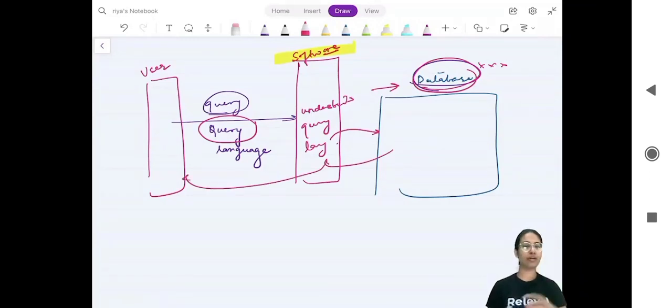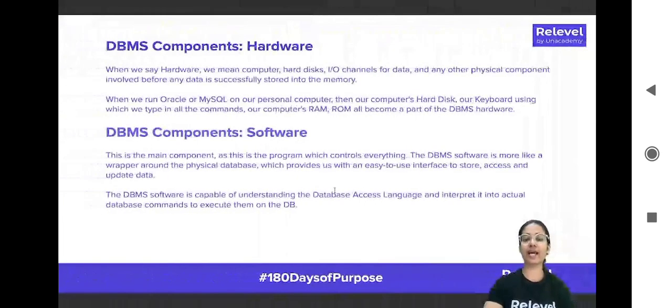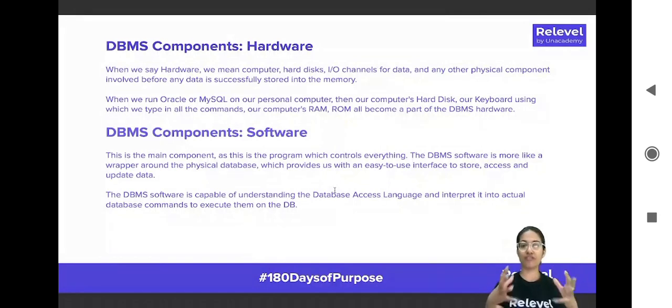So always remember, your databases do not understand any kind of language, because they are just a physical way of storing information. Language is obsolete for them. The user knows or learns a language and communicates, requests using the query. The software that is written on top of the physical database understands the query and converts it in a way that the database can understand, interpret and execute the information which is actually requested. So software is like the heart of this entire DBMS, right?